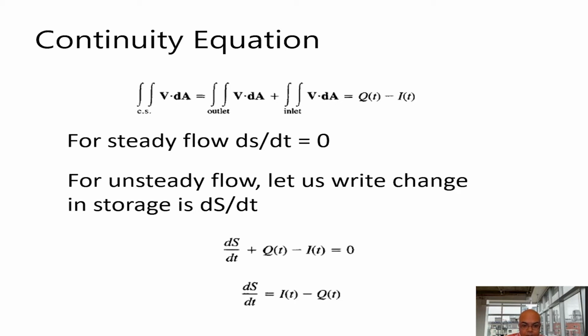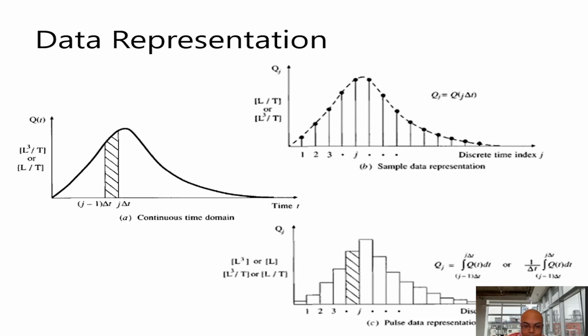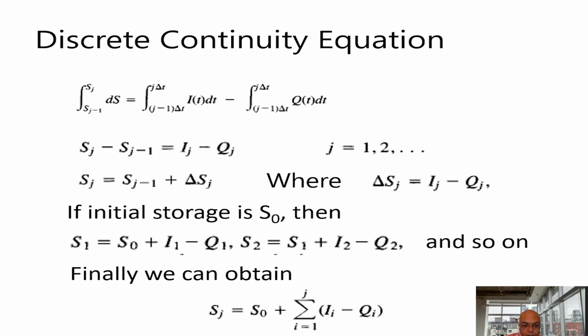So dS by dt, this is the continuity equation. dS by dt is equal to I(t) minus Q(t). We have to integrate this equation to solve it mathematically. So S(j) minus S(j-1) is equal to the integration of I(t) minus the integration of Q(t) within the interval from (j-1) delta t to j delta t.